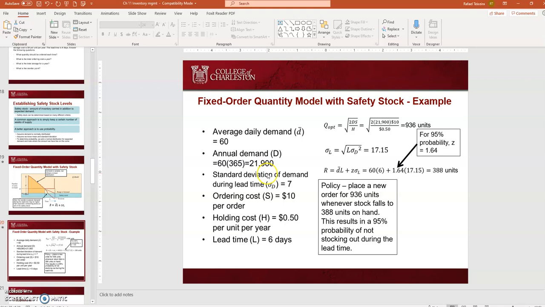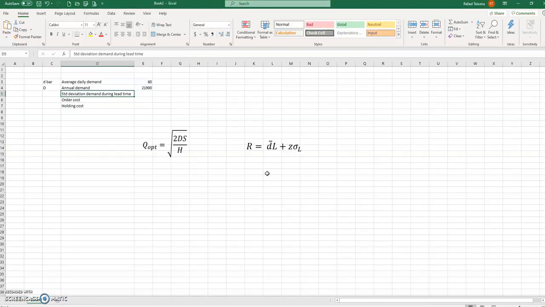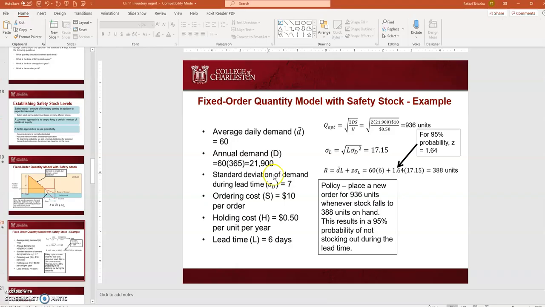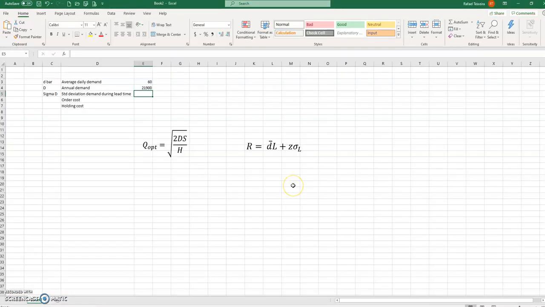So the standard deviation tells us how much the demand varies. So there is a variability. That's the standard deviation. This is also illustrated by a Greek letter sigma. So let's call it sigma D, that's fine. And according to the problem, the standard deviation of demand, sigma D, is equal to 7. So I'm taking notes of the problem to help me.